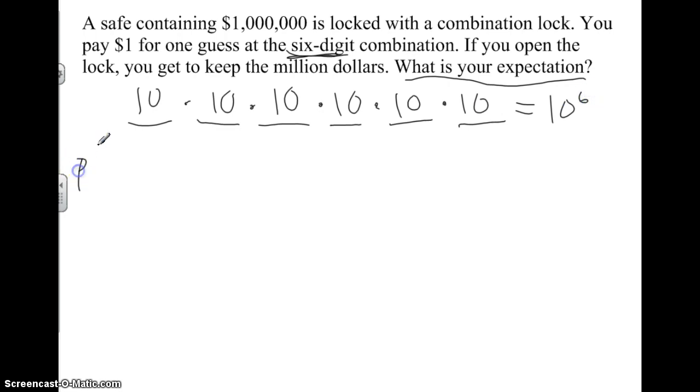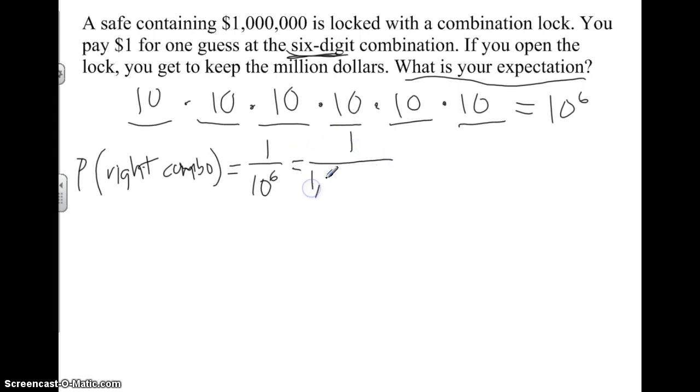So our probability for getting the right combination is 1 out of 10 to the 6th, which is 1 in 1 million.